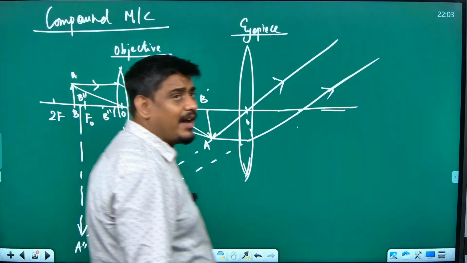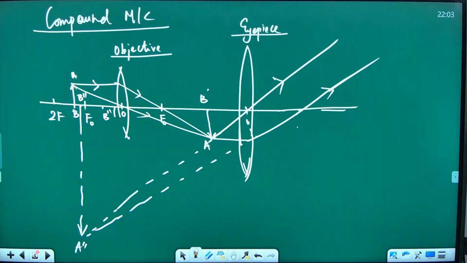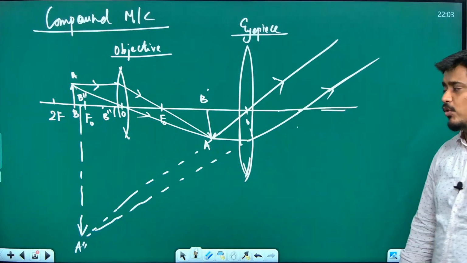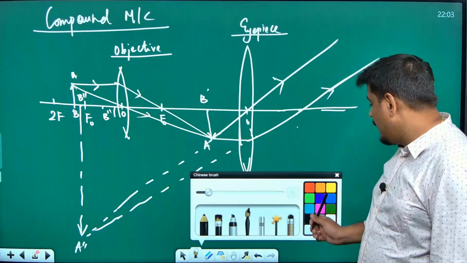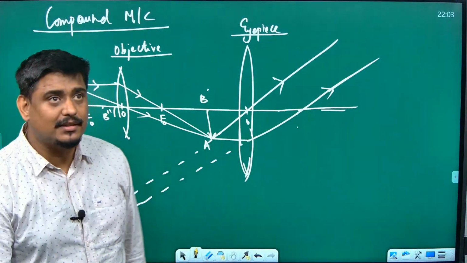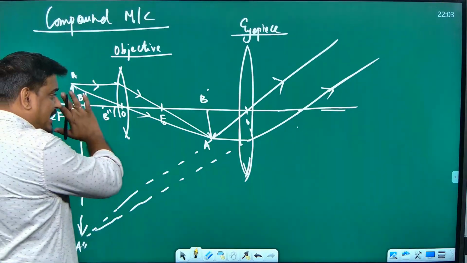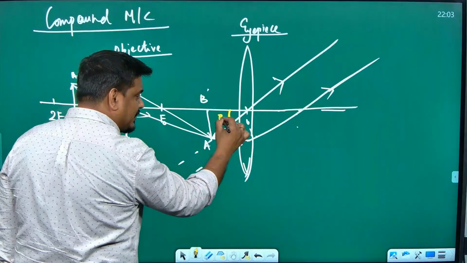If you are wondering why I did that, it is because I am teaching you in terms of visual angle. So, here I am able to get the visual angle more clearly, because the angle subtended by the final image is beta. So the final image A''B'' is subtending an angle here, which is beta. Do you agree?